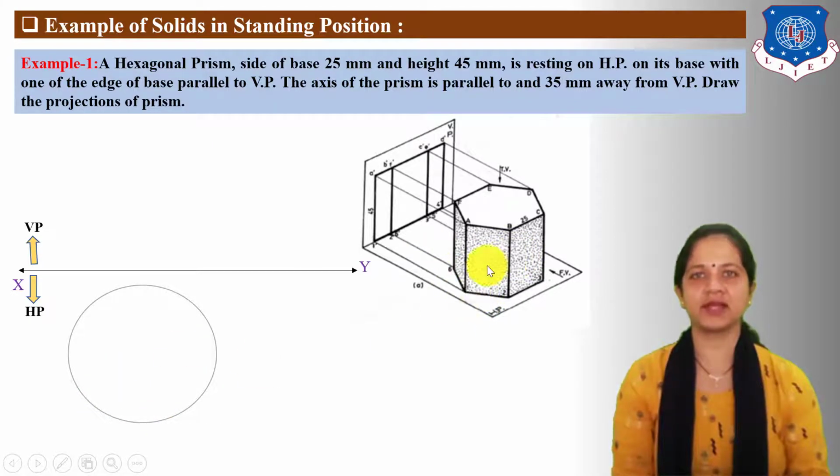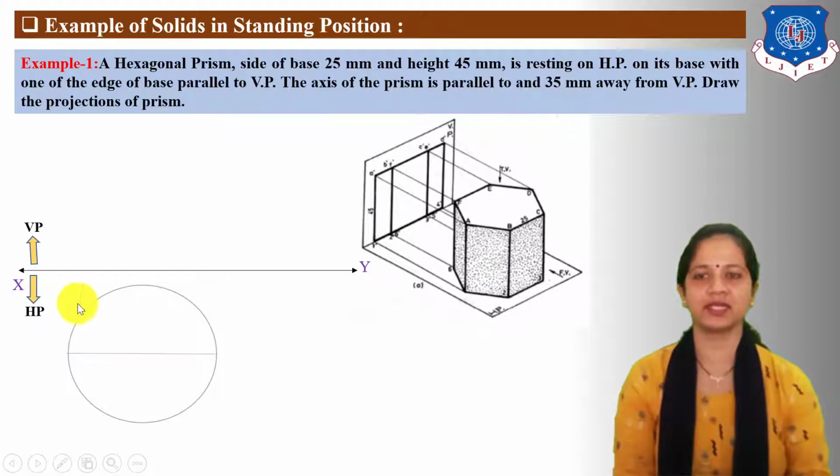Here, as per the given resting condition, keep the corner points of the base horizontal, because one side of the base is given parallel to VP or XY. So, fix the horizontal diagonal of the circle.